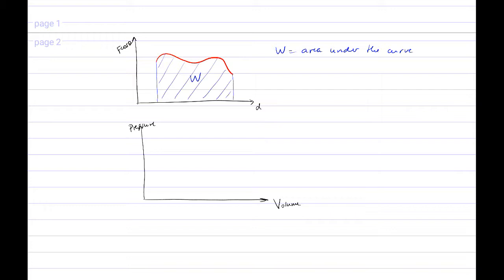So if our process is an isobaric process where the pressure stays constant, but the volume is changing, then the area under this curve is also work.